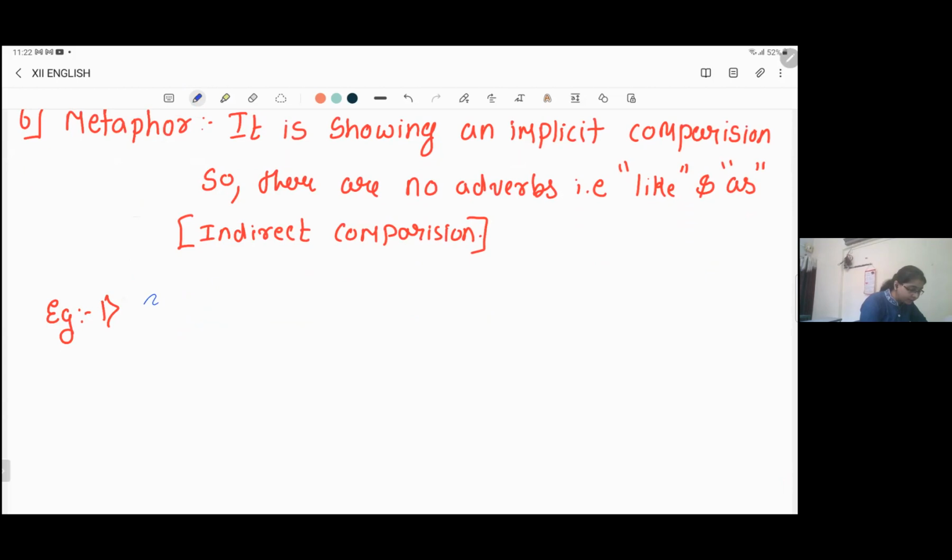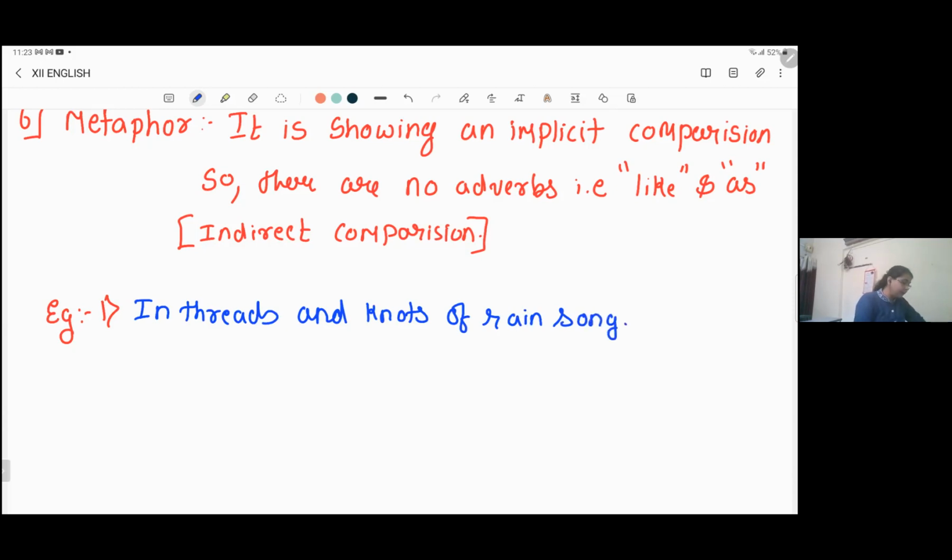In threads and knots of rain song. Right? Now the rain song is implicitly compared with what? Threads and knots.